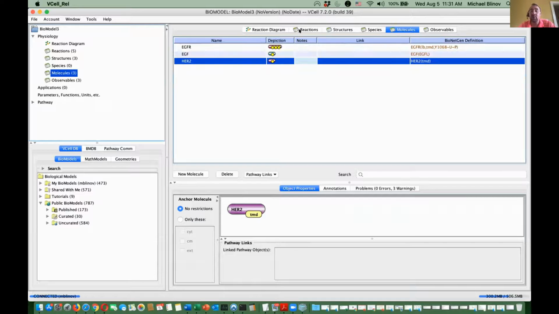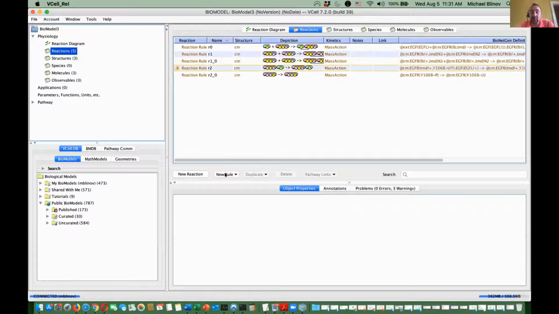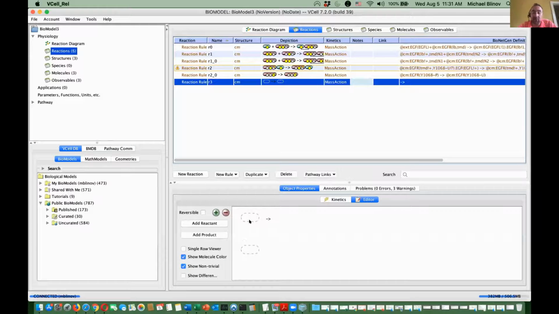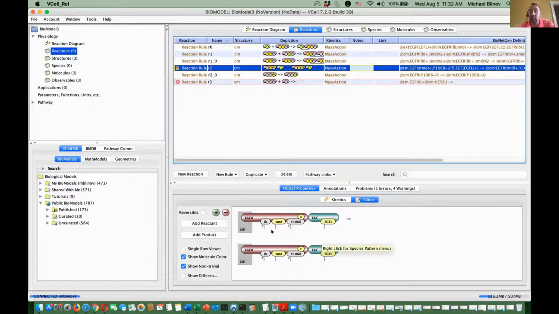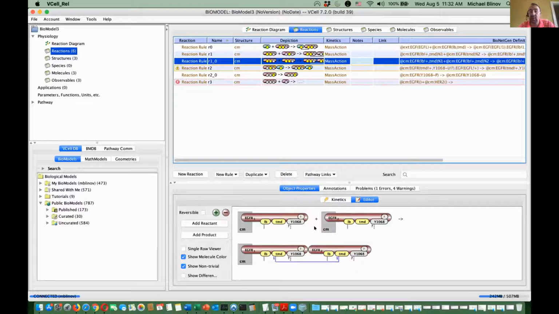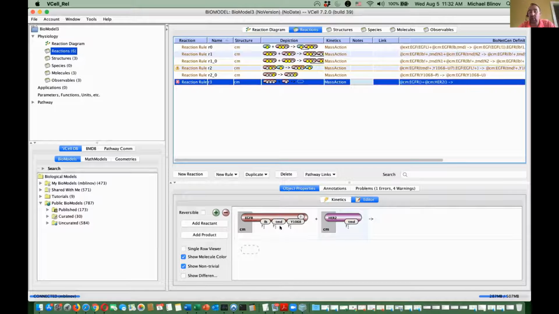And if now in your reactions you have another rule that will be just a dimerization of EGFR with HER2, then this phosphorylation rule will work also with HER2, because this transmembrane domain can be bound either to another EGFR via this interaction or to HER2 via this interaction.